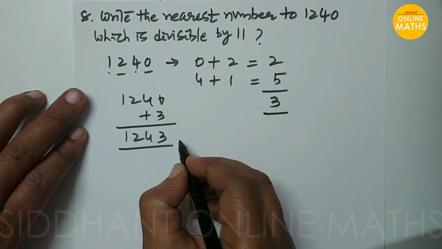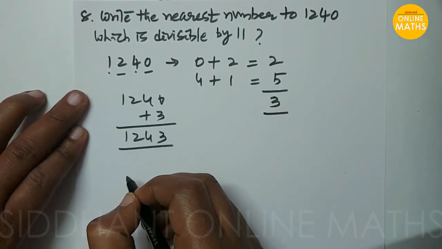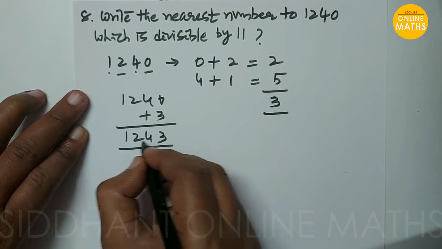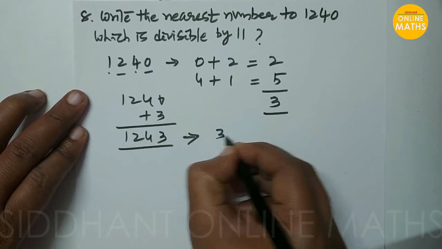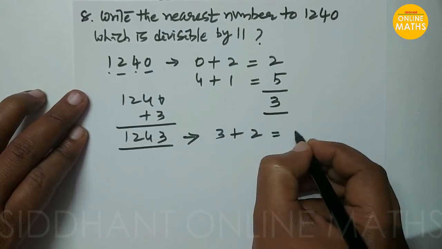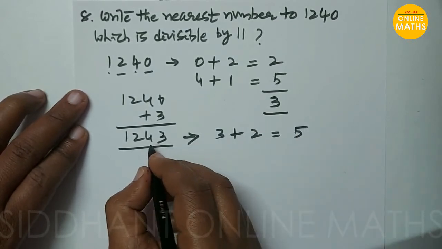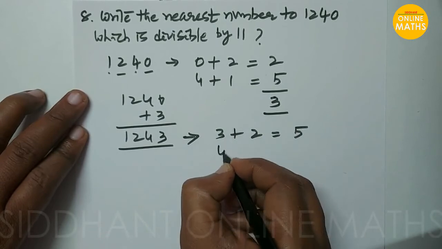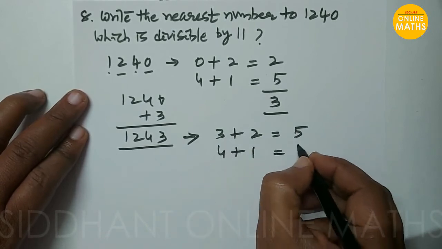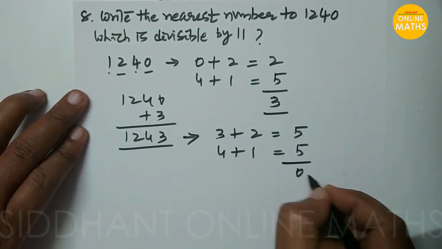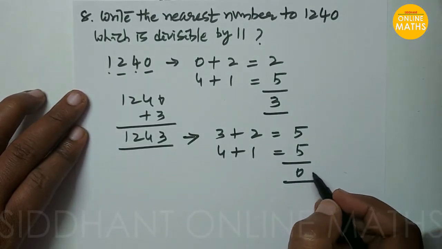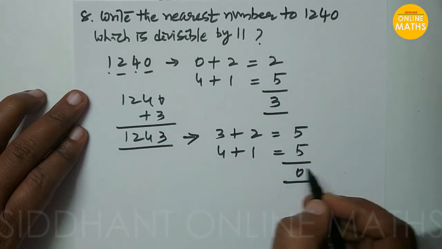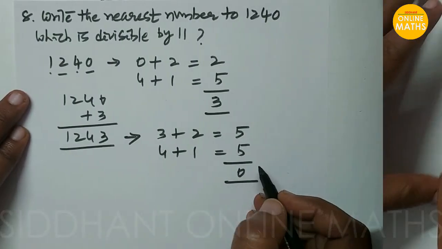Let's check whether it is divisible by 11 or not. 1243: the odd places are 3 plus 2, which is equal to 5, and the even places 4 plus 1 we get 5, and the difference is 0. So when you get the difference 0, we can say that the number is divisible by 11.